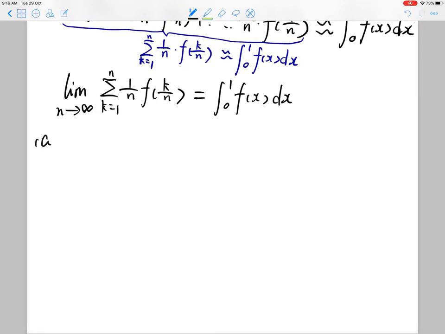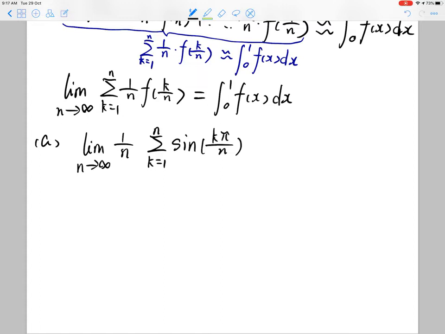For this question, part A, it's a limit of summation, summation k from 1 to n of sine(k pi over n). This is the first question.